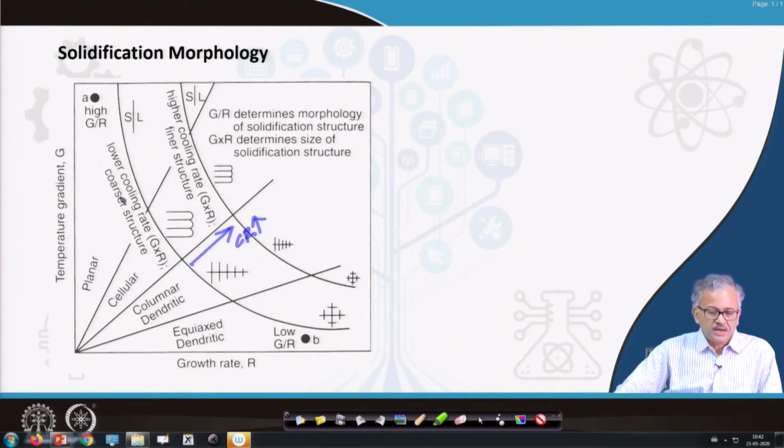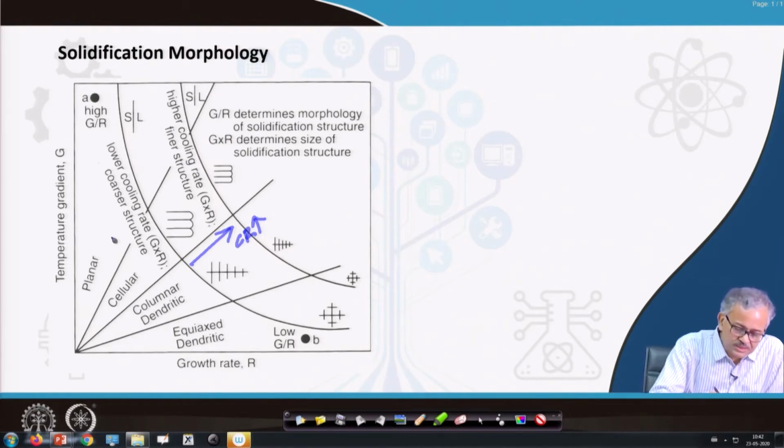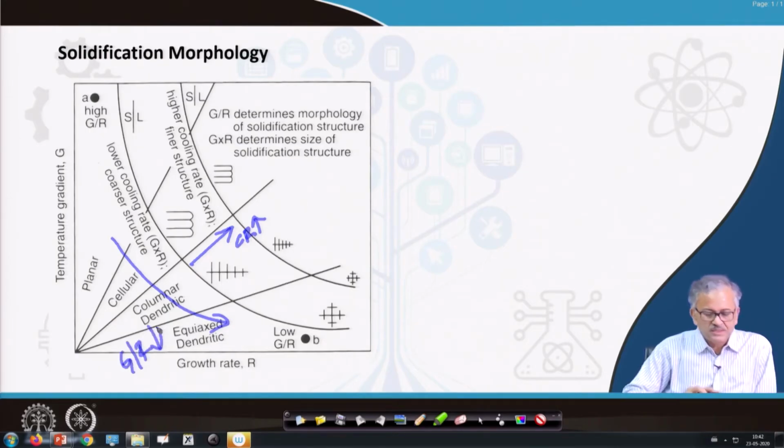And G by R is decreasing in this direction. As G by R decreases, the morphology goes from planar to cellular to columnar dendritic and finally equiaxed dendritic.